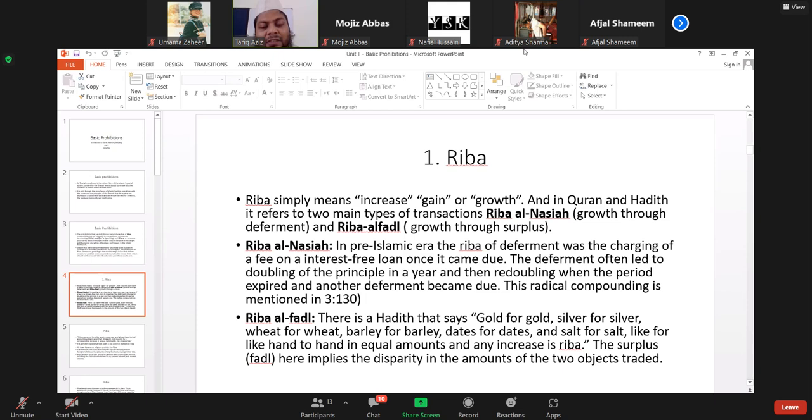All kinds of interest are not allowed, whether normal or excessive or exorbitant. So that justification is not valid, because riba of any kind is not allowed. Riba al nasiya is not allowed, riba al fazl is not allowed. Okay, we will continue in the next class.